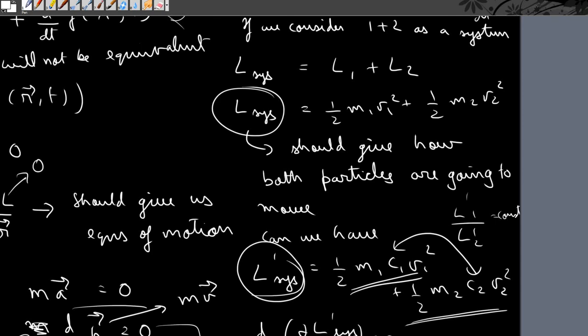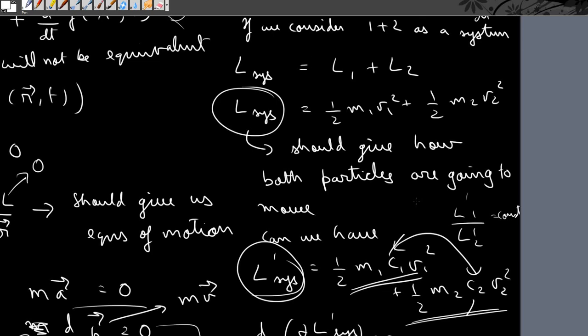We are going to understand this particular statement better as we move forward, but for now just believe me that the ratios of the masses need to be conserved, and therefore we cannot simply multiply two different constants to the individual Lagrangians and say that L dash system is still going to be equivalent.